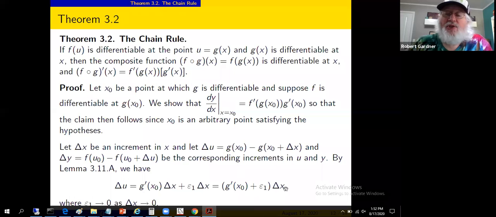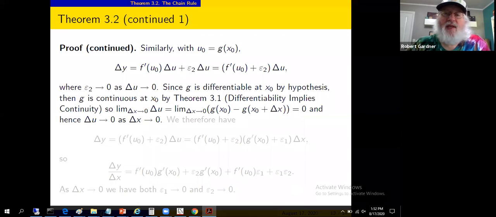So there's the change in u written in terms of this. How about we look at the change in f and apply the lemma to that as well? The change in f, delta y, where y equals f, just as we had u equals g, would be the derivative at u sub 0 times delta u plus epsilon 2 delta u. That's the form we had from the lemma. We can factor the delta u out if you like, and we've got epsilon 2 approaching 0 as delta u approaches 0, also from the lemma.